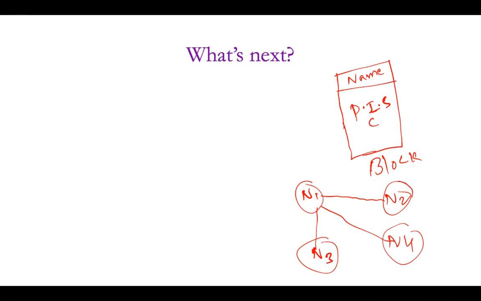Suppose this block is created by node 1, then node 1 will send a copy of the information to every node in the network. So the same copy is available with every node.